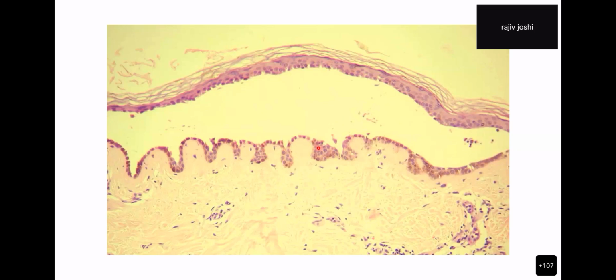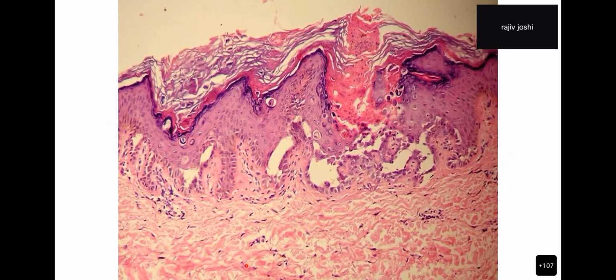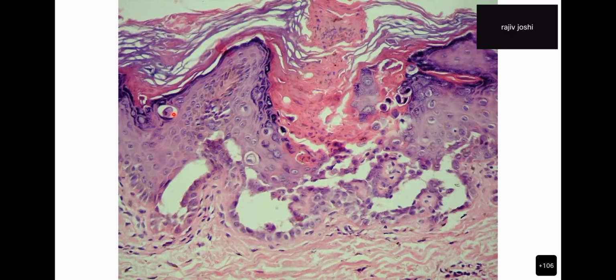giving rise to that row of tombstone appearance. This is Darier's disease, where you get epidermal hyperplasia. You get small clefts, a few acantholytic cells, and these are the corps ronds, and these are the grains. The large dyskeratotic cells are the corps ronds, which usually occur in the granular layer. And then you have parakeratosis, which is called grains.